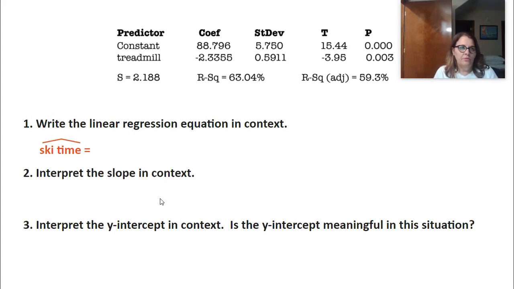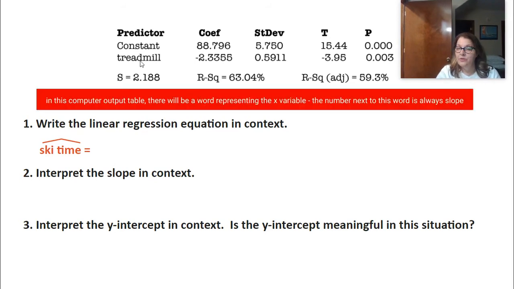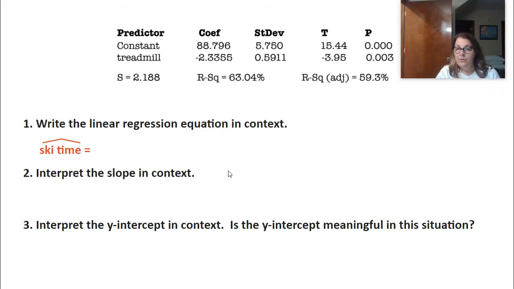If you don't want to put the little hat, you can also say predicted ski time is equal to, and what is our slope? Notice the coefficient under the predictor where it says treadmill, that coefficient would be our slope.